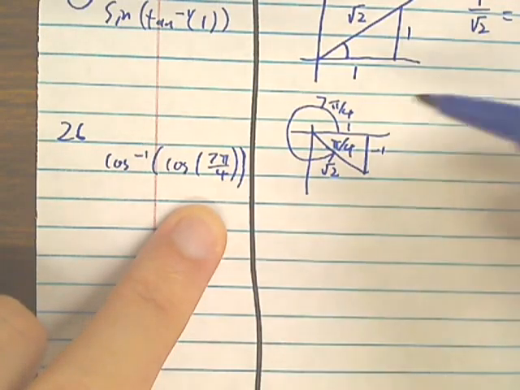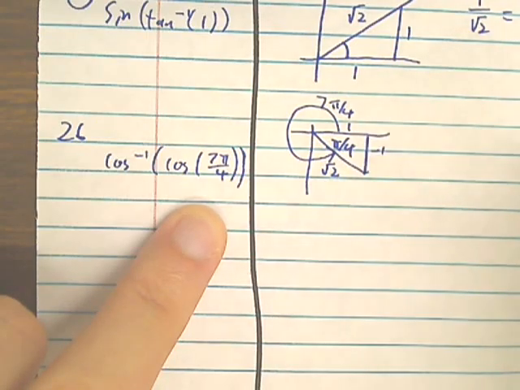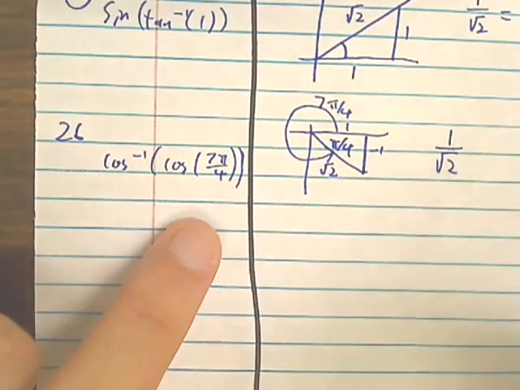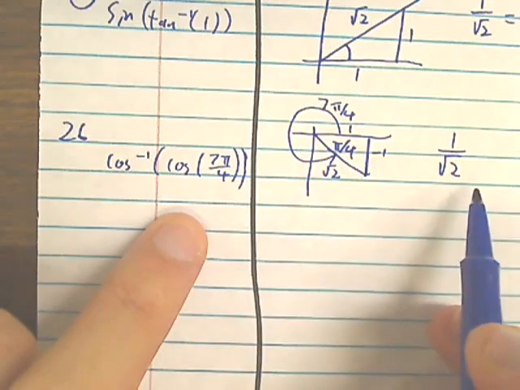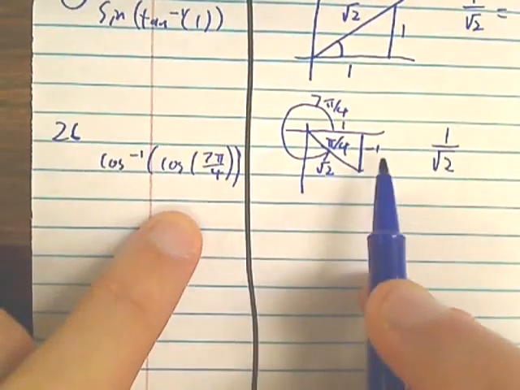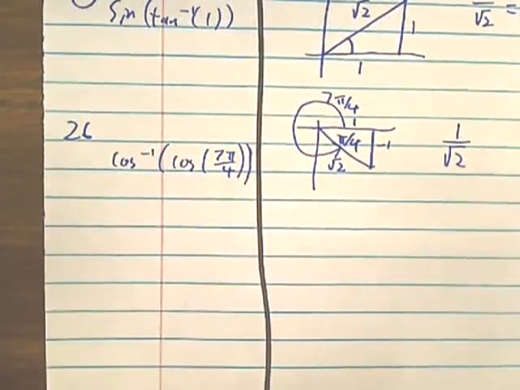Cosine is going to be the adjacent over the hypotenuse, so 1 over square root 2. Remember, in the fourth quadrant, cosine is positive. All students take calc, so that should come out to the positive value. I kind of just ignored the negative 1 as I started because I knew it had to be positive.